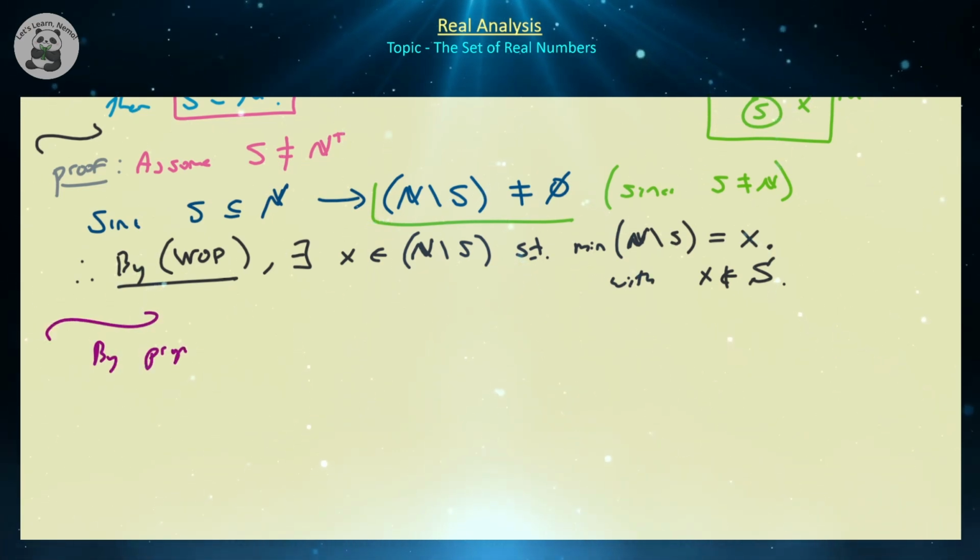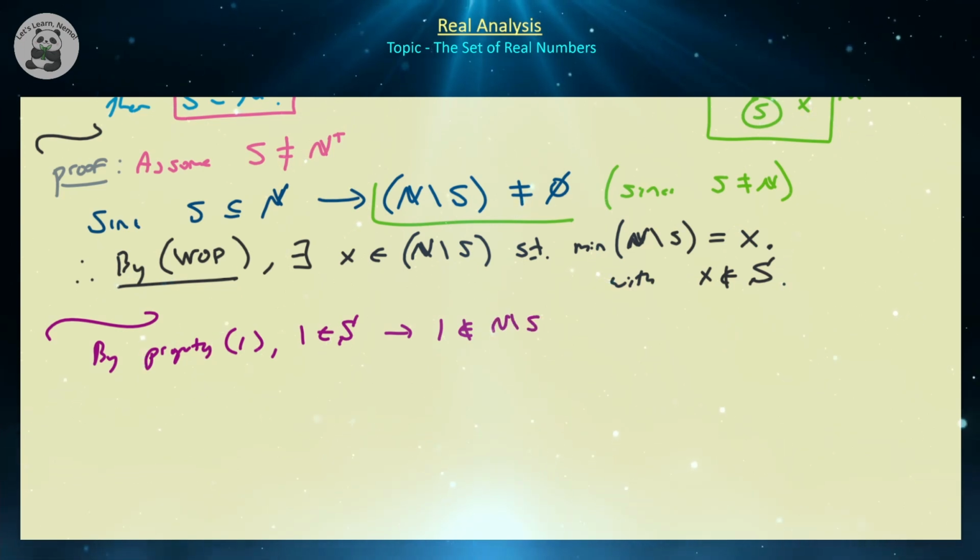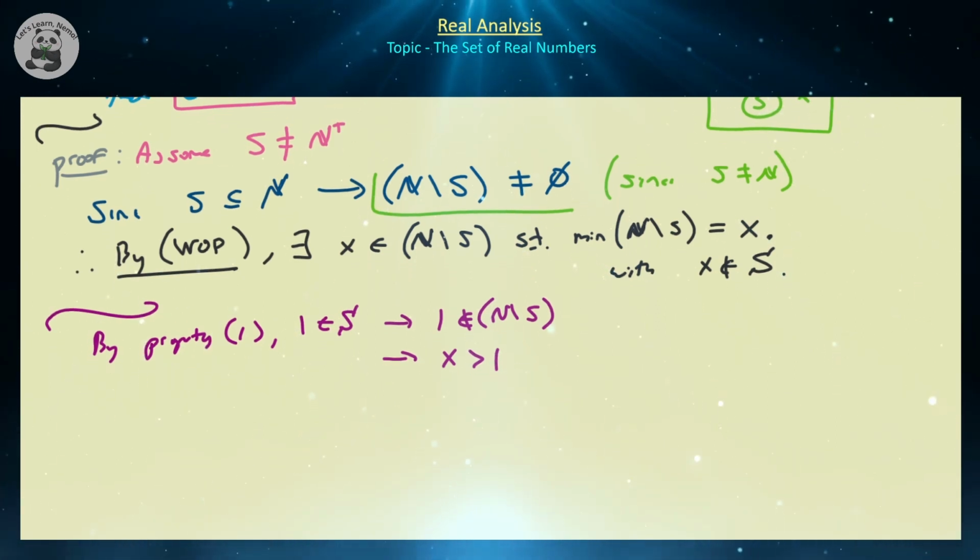So by property 1, we know that 1 is an element of S, which means that 1 does not belong to N take away S, right? So if 1 does not belong to N take away S, that means that the minimum of N take away S is bigger than 1, because 1 belongs to S. Therefore, the minimum of N take away S cannot be 1, so it has to be bigger than 1, right?